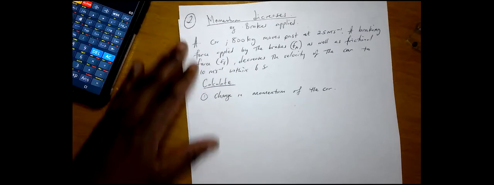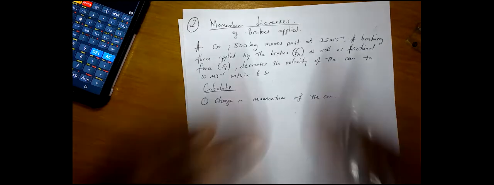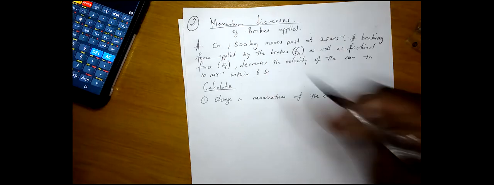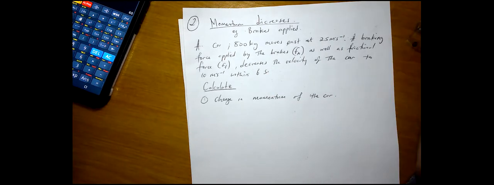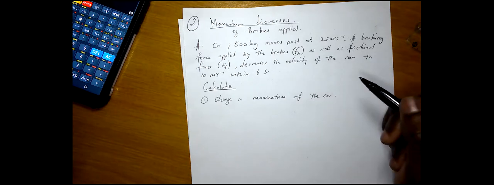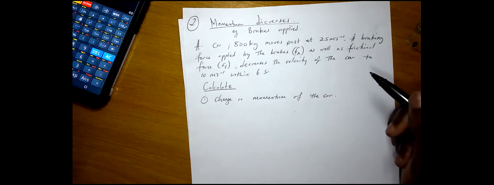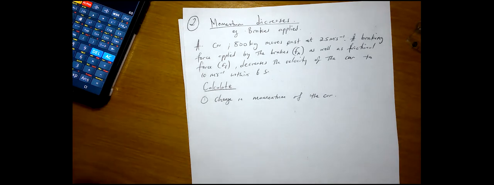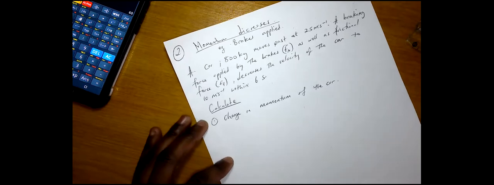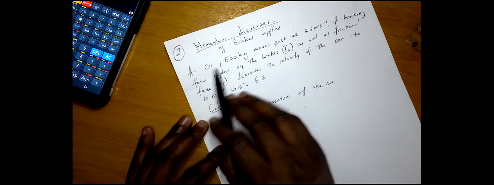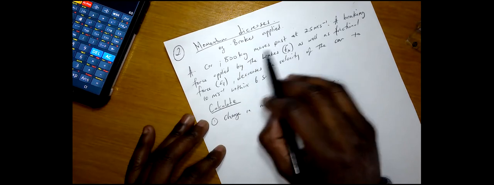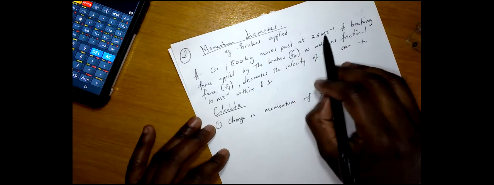Okay, so let's see what the second scenario is that we can experience. The F net, the resultant force, can also decrease the momentum. How does it look? If you brake when you're approaching a robot, what are you doing to the momentum? You are decreasing momentum. Now here, a car of 800 kg moves east at 25 meters per second.